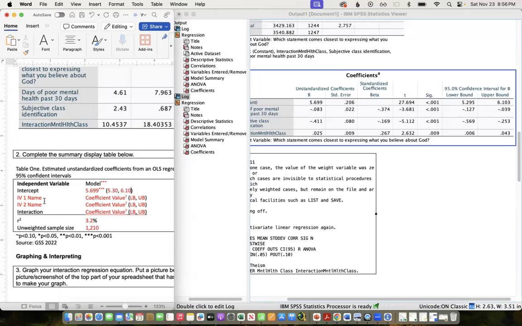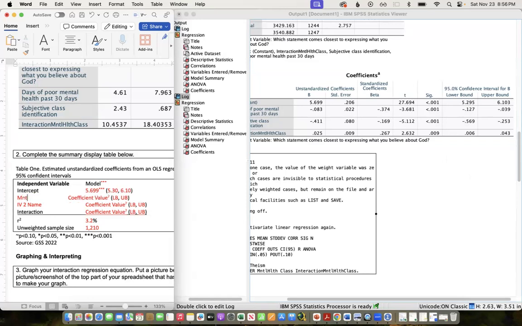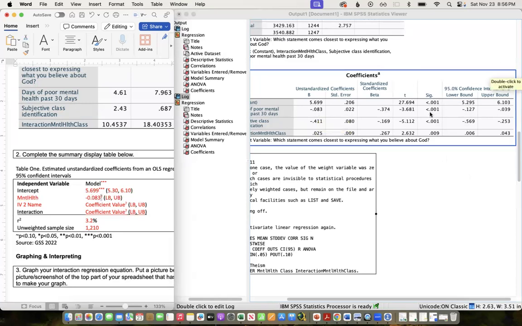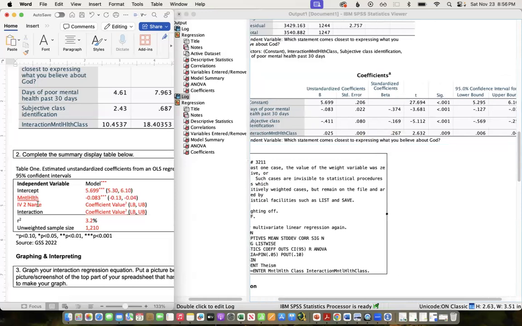Okay, mental health. The coefficient value is negative 0.083. P is less than 0.001. And here's my confidence interval. And then I have class, my slope.